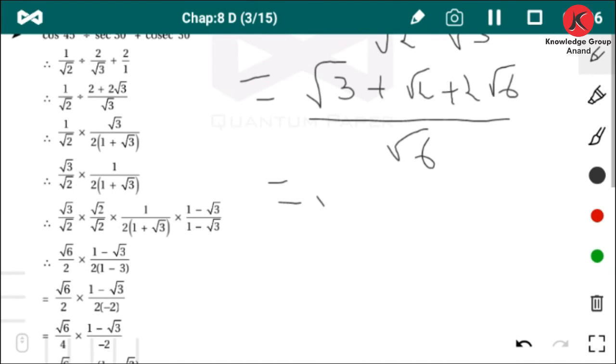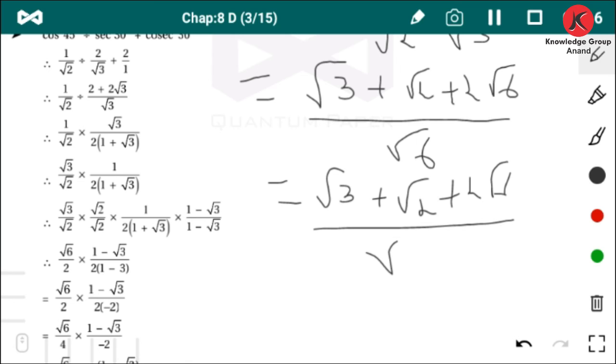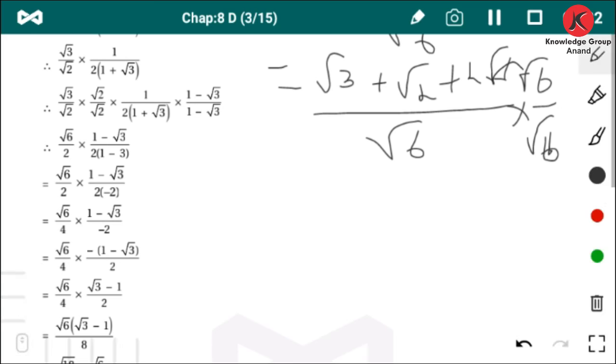Root 3 plus root 2 plus 2 root 6 upon root 6, multiply by root 6 upon root 6, is equal to root 3 plus root 3 into root 6, therefore root 18, so we write root 3 plus root 2 plus 2 root 6.